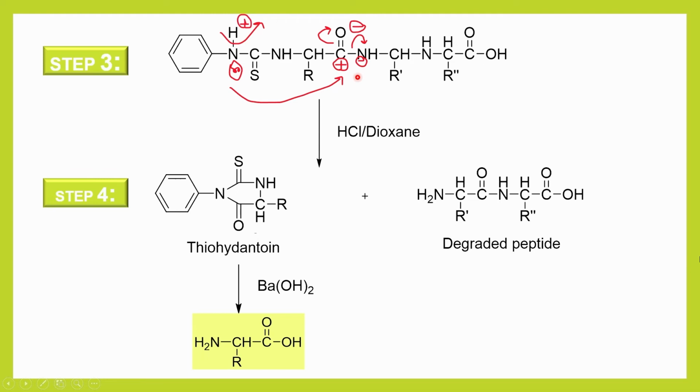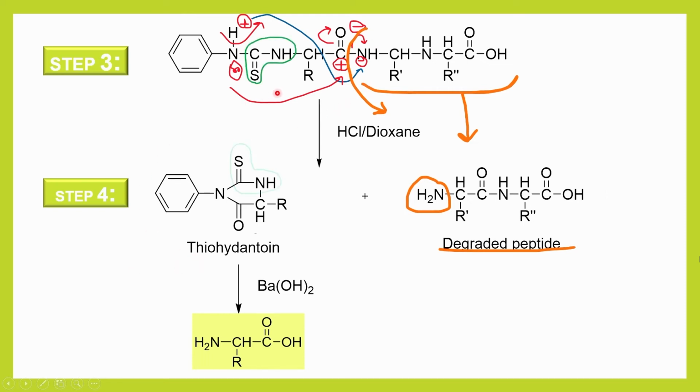And this hydrogen would get out having a positive charge and would attack this negative nitrogen, and this is how NH2 gets formed, and this part of the peptide chain would get out in the form of degraded peptide, and the remaining part would rearrange itself to make a thiohydantoin. Now this part would become over here, and this part would come over here, and the remaining part would get attached to make a thiohydantoin.